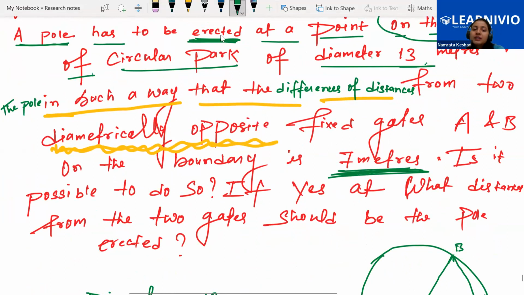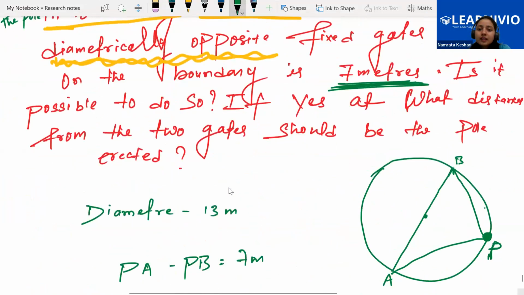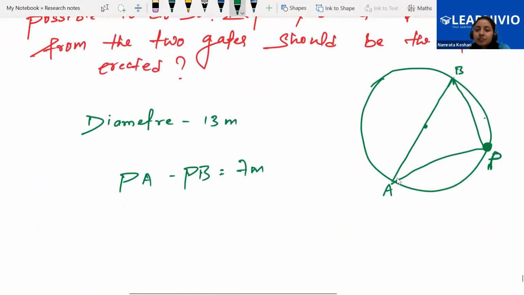There was a theorem in your class 9, that the angle in a semicircle is 90 degrees. Do you know that theorem? In a semicircle, when we make an angle, that will consist of. Yes, ma'am.